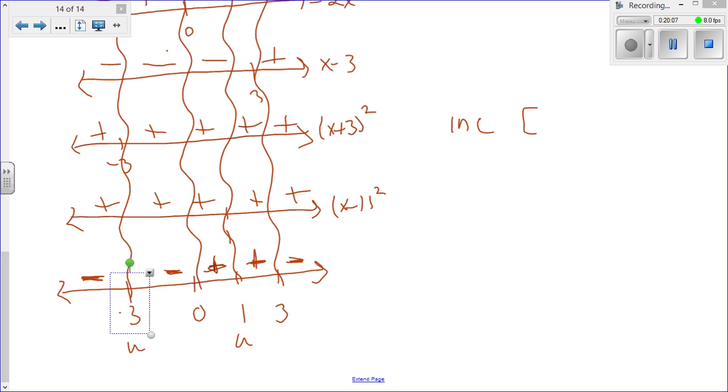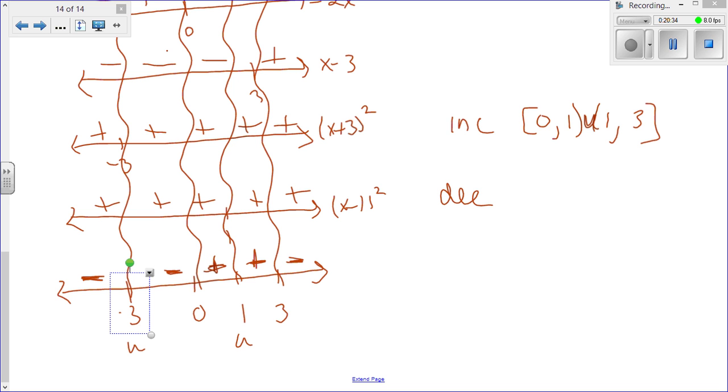If I have a 0 in my denominator, my function is undefined. So from 0 to and not including 1, I'm increasing. And then from 1 to, that's a union, from 1 to 3, and I'm including 3. I'm increasing.